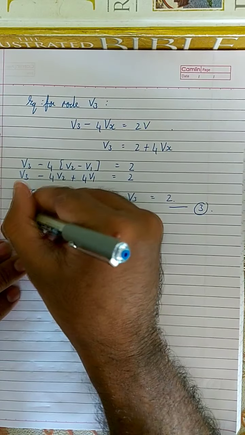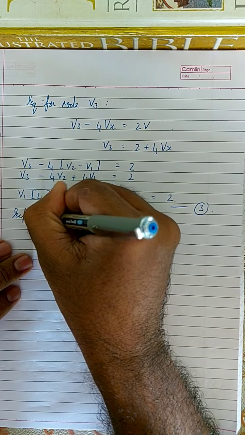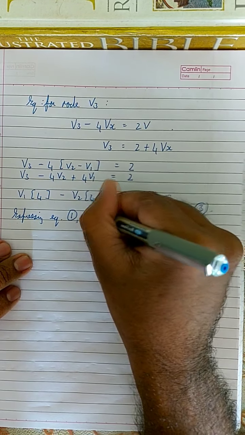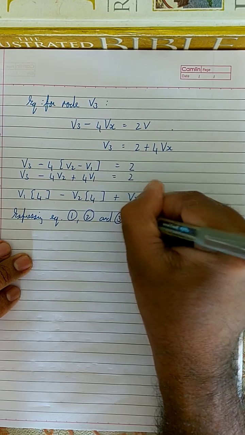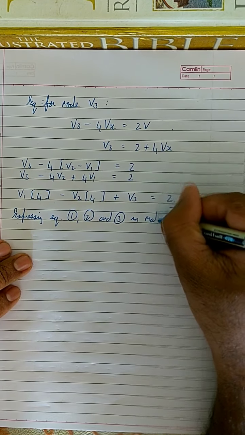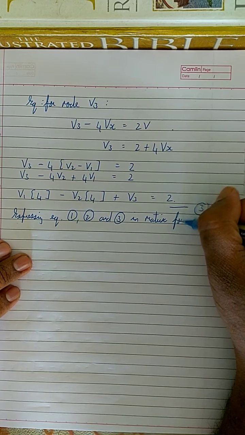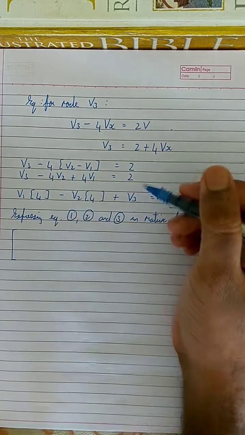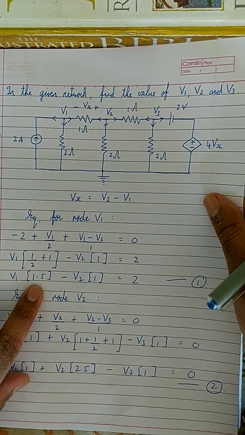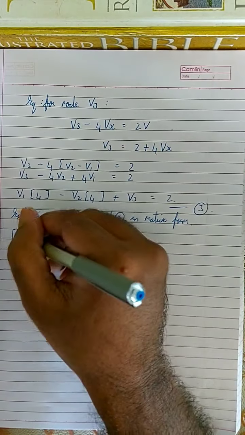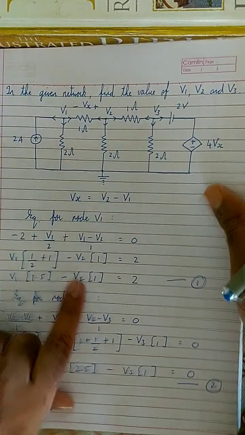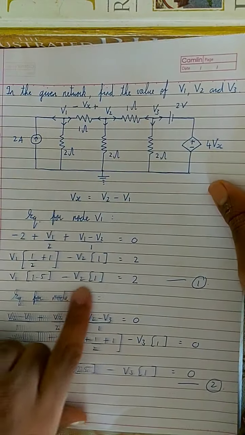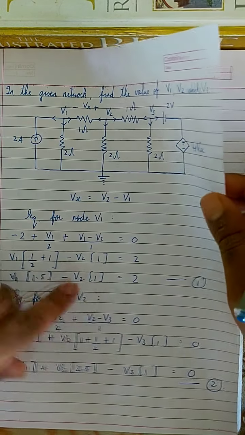So therefore, expressing equations 1, 2 and 3 in matrix form, here the coefficient of V1 is 1.5, the coefficient of V2 is minus 1, and the coefficient of V3 is 0. There is no V3 over here, so that means 0 into V3.